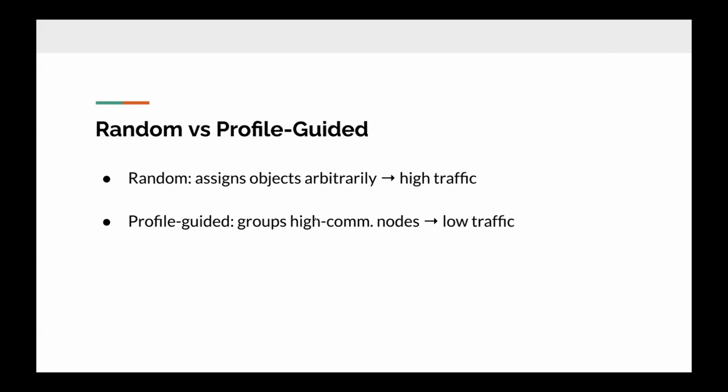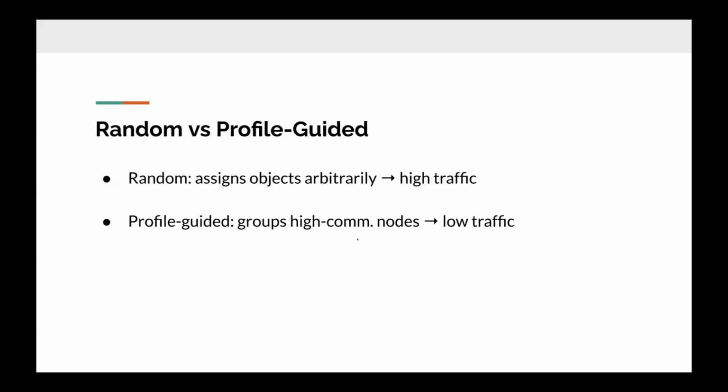On the other hand, the profile guided method actually uses messaging frequency data to drive the partitioning process, and objects that communicate a lot are grouped into the same partition, and this reduces the cross node messaging drastically. And we'll see the difference clearly in the next slide. So we visualize the communication heat maps under both strategies. But even at this conceptual level, the idea is clear.